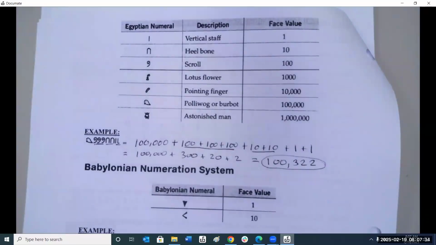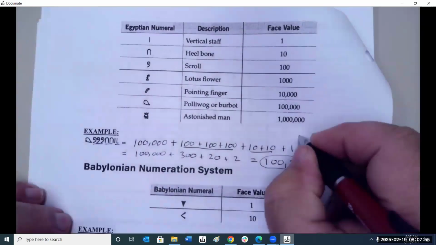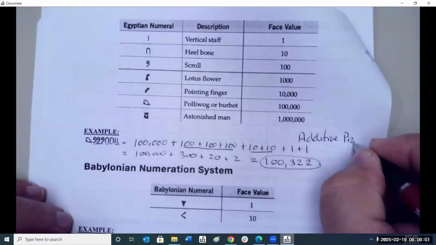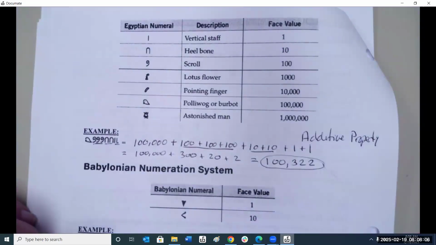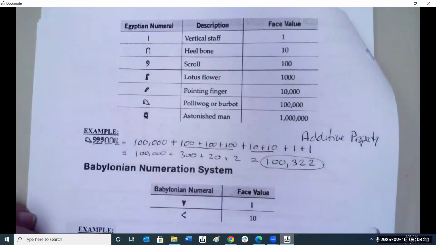So instead of using actual numbers, we use these pictures that repeat themselves. So the Egyptians and the people back in that part of history developed a property called the additive property, where for each symbol, you would add the value of it and get the actual value of what it means.